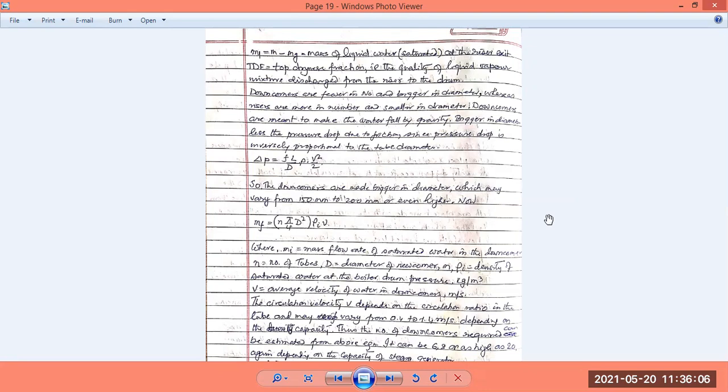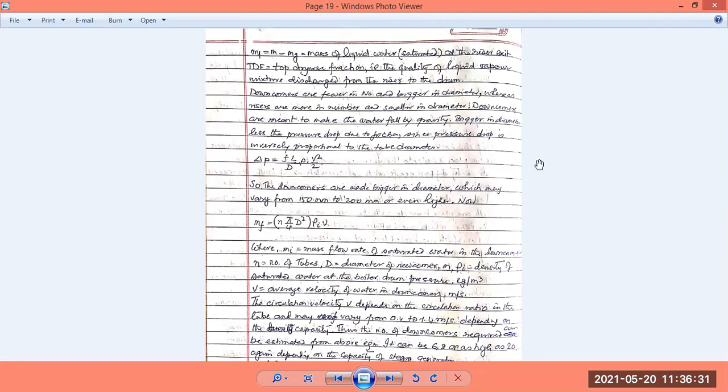So 1 by mg divided by (1 plus ml) is equal to 1 by TDF, where ml is the mass of the liquid, and TDF stands for top dryness fraction. That is the quality of the liquid-vapor mixture discharged from the riser to the drum.